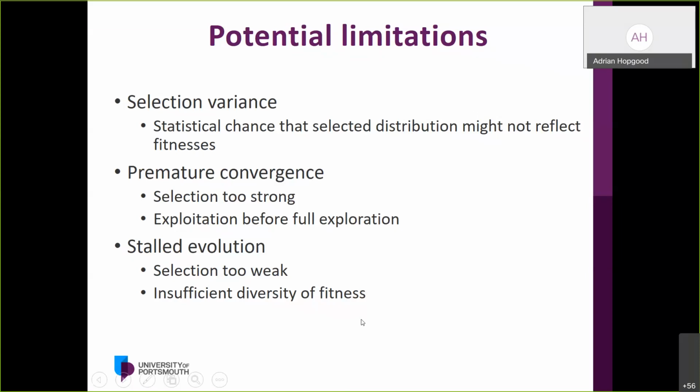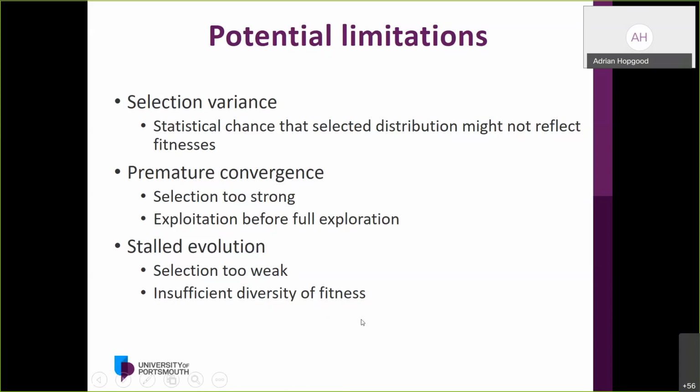In other words, you're running the risk of finding a local optimum. Conversely, selection may be too weak, particularly later on, and you're near the fittest part of the landscape, but you're not getting close to the actual peak. So those are two general difficulties, premature convergence and stalled evolution.